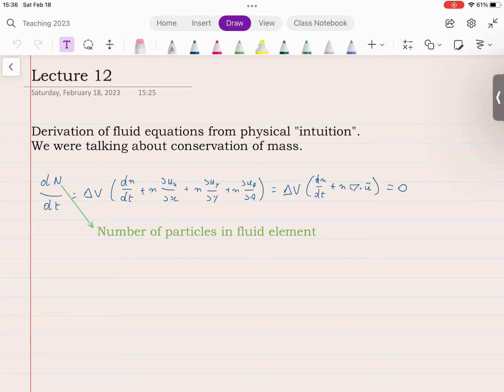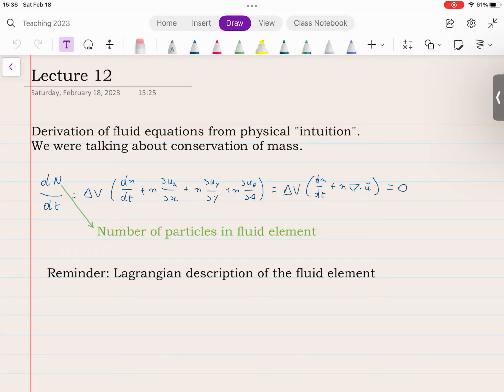I would like to remind you of something before I do that. In particular, I would like to remind you of the fact that we are using a Lagrangian description of the plasma, of the fluid element, really. That means that we are identifying a fluid element and we're following it and figuring out what happens to it.